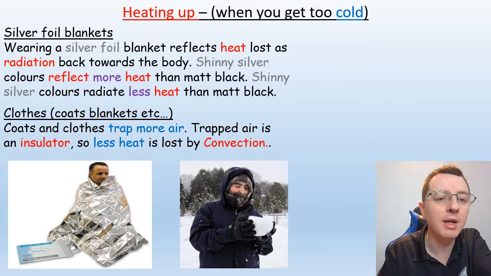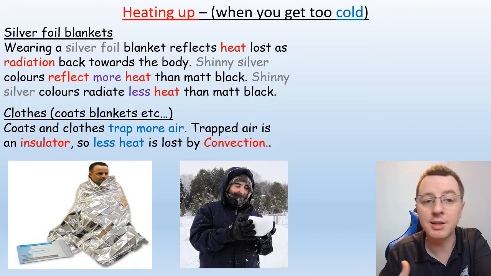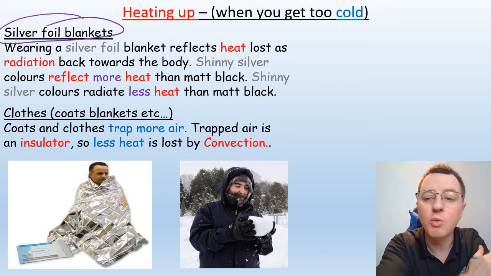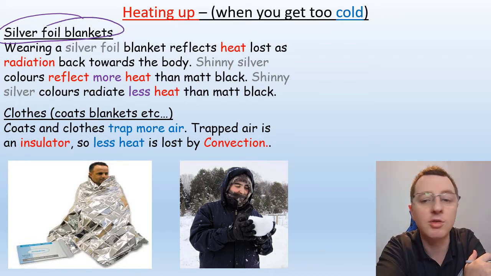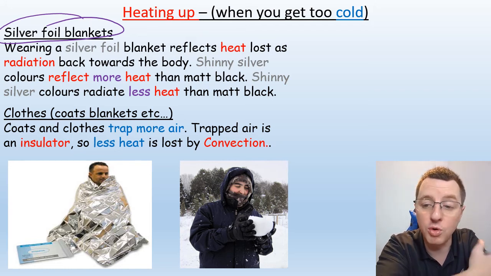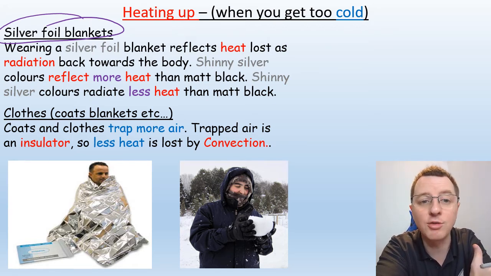When you're cold, you may also be tempted to put on a silver foil blanket or wear some clothes. The silver foil blankets are particularly popular with athletes, perhaps people who've just finished a long race like a marathon. And silver foil blankets work on a physics principle to keep you warm. Silver foil will reflect the heat that has been lost from your body as radiation.